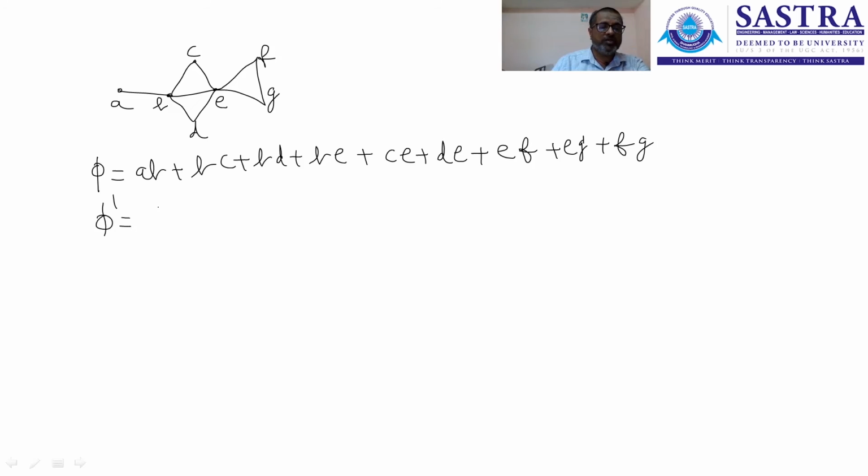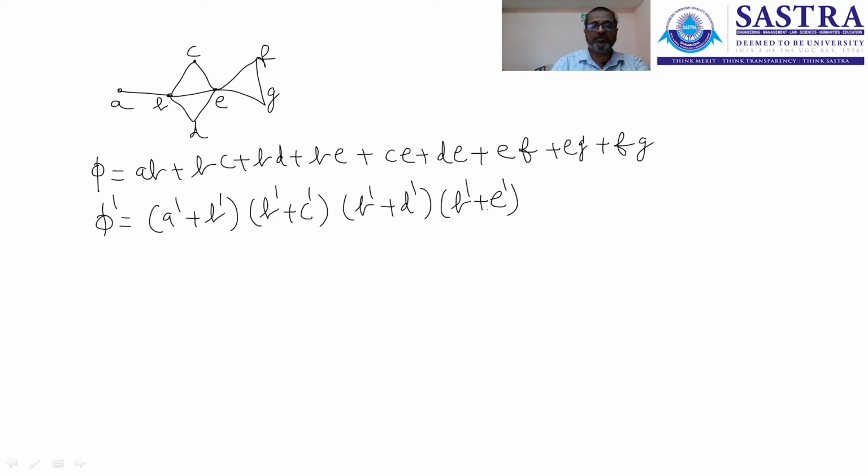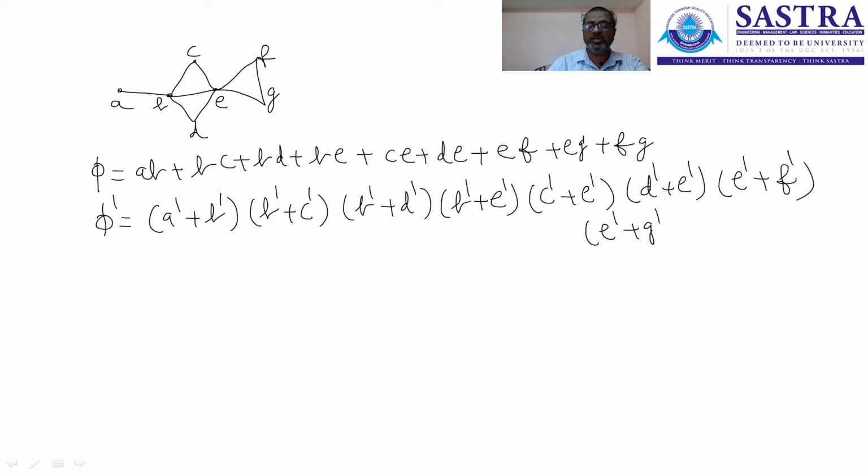Phi dash would be A dash plus B dash, then B dash plus C dash, B dash plus D dash, B dash plus E dash, then C dash plus E dash, D dash plus E dash, then E dash plus F dash, and the next one would be E dash plus G dash, and this will be F dash plus G dash.